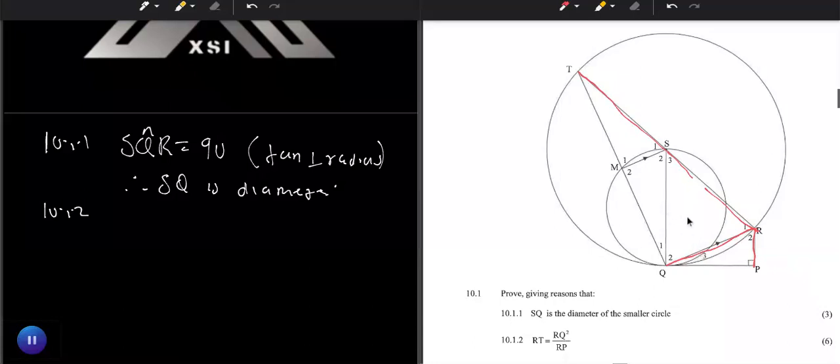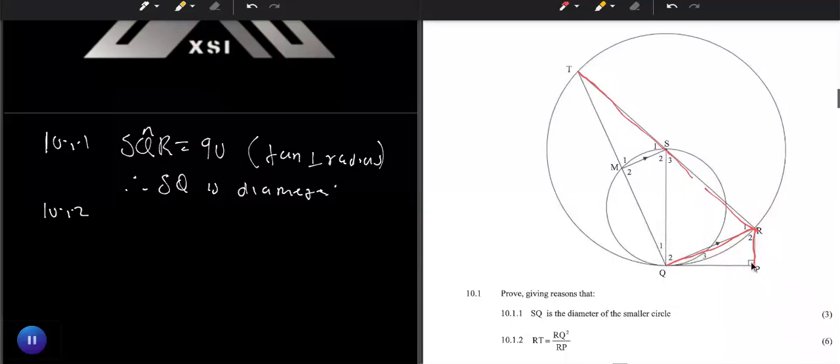So we're dealing with these two shapes. Now we are trying to find RT, so the best way to do this is to work with similarity and proportion. But I need to prove whether these two triangles are similar or not. For me to prove that, I need to use the angles.